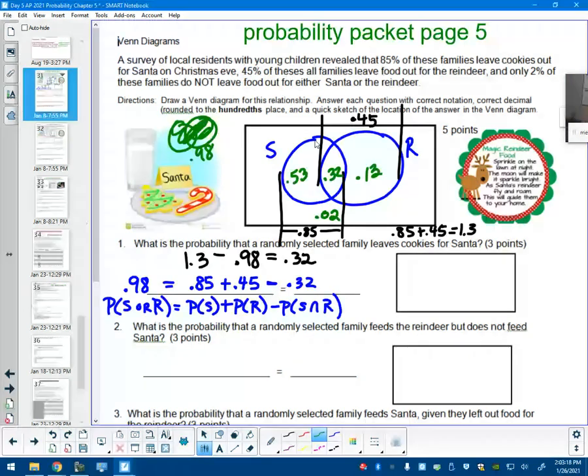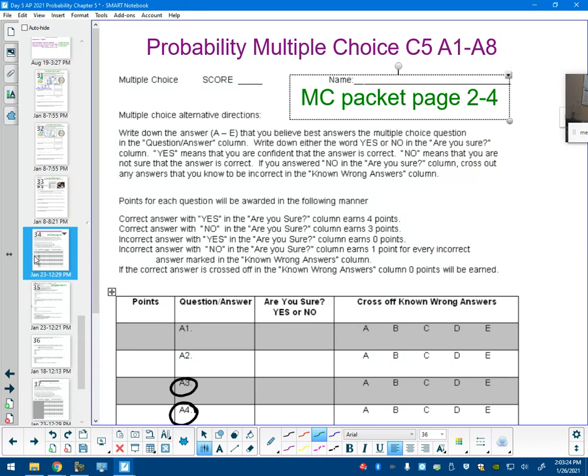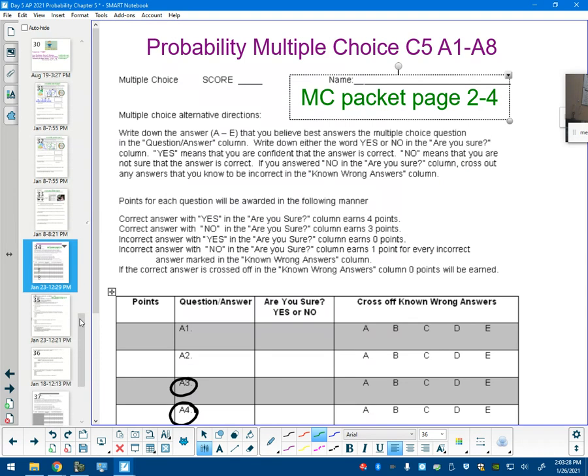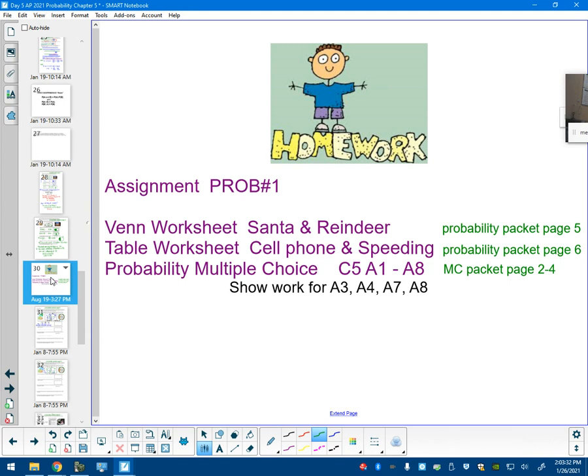Your homework is to finish this page, and to do page 6, and to do all the A's in the multiple choice packet, which should not take you too terribly long now that we've set up that Venn. So that's your homework. The ones that you should show work for in the multiple choice are circled.